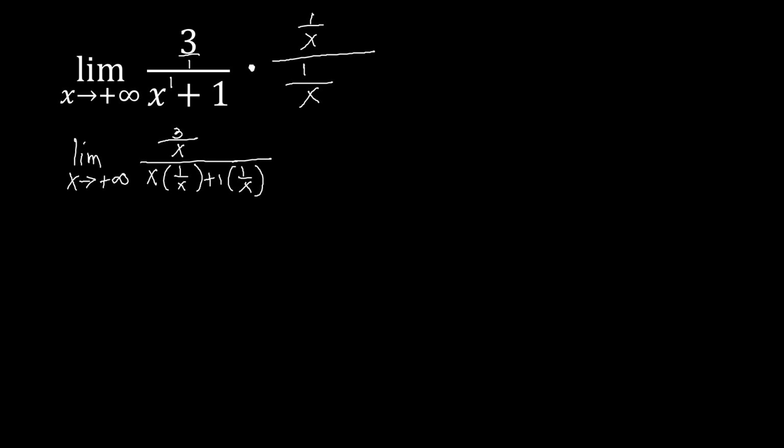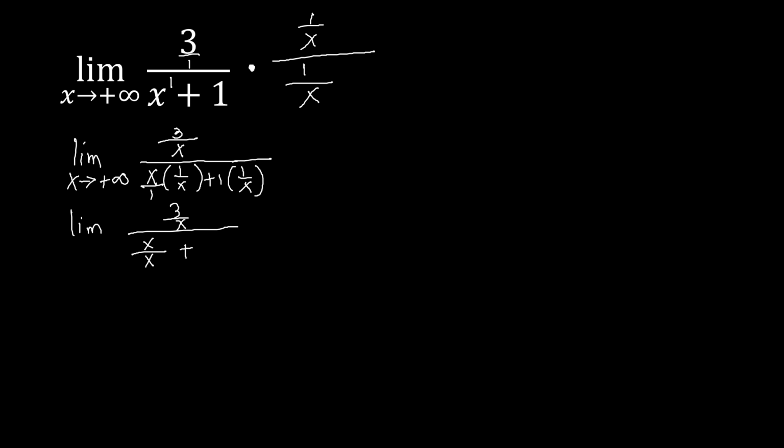So simplifying our lower part, this will be now the limit of 3 over x all over x times 1 over x. This is similar to x over 1 times 1 over x. So x times 1, that's an x. 1 times x, that's an x. And then plus 1 times 1 over x. Any number multiplied by 1 is still the number.